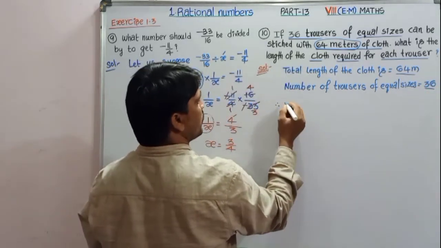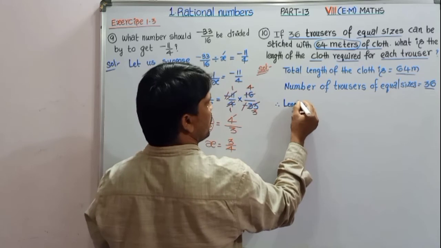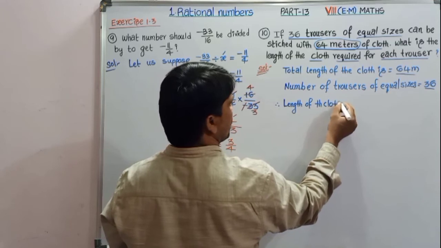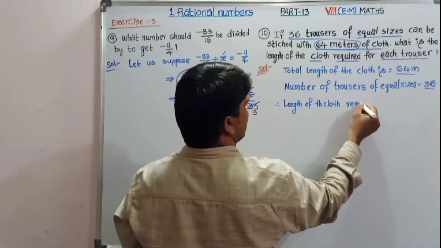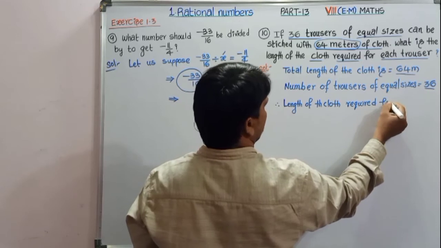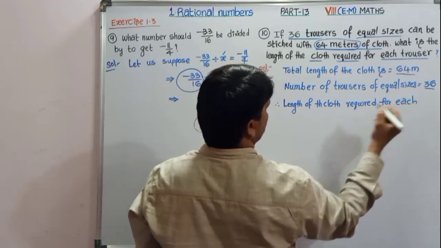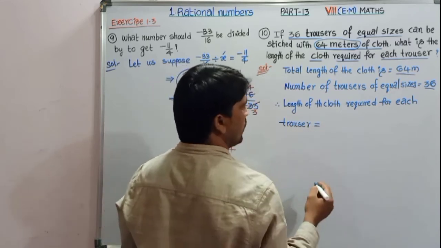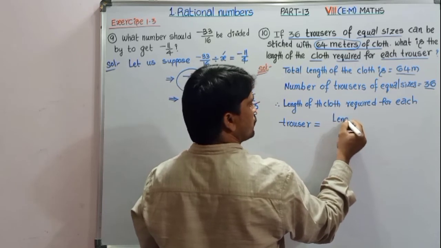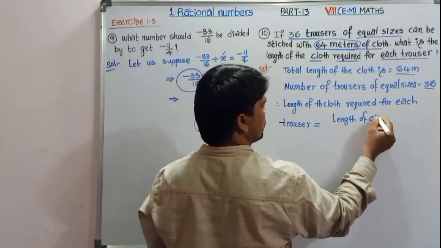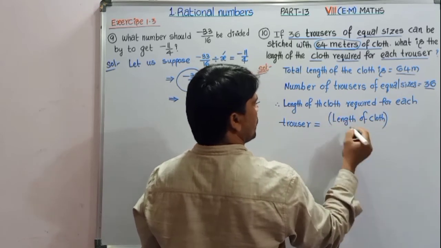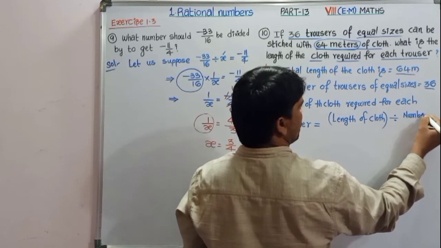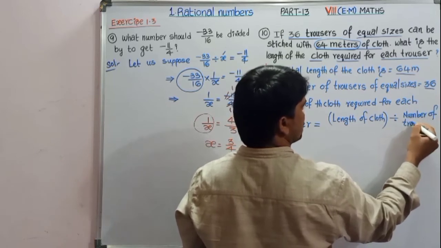Therefore, the length of the cloth required for each trouser is equal to the total length of the cloth divided by the number of trousers.